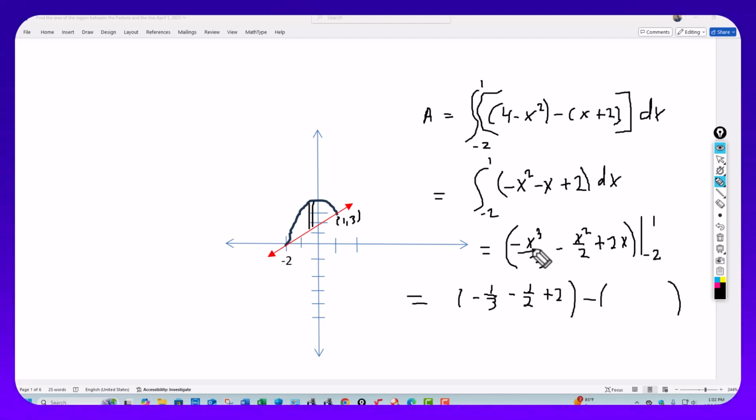So put a negative 2 here, negative 2 cubed. It's a minus 8, and then a minus there. Going to make that plus 8/3. Minus 2 here, negative 2 squared is 4, divided by 2. And then you got the negative, so this will be a minus 2. Then minus 2 here, be minus 4.